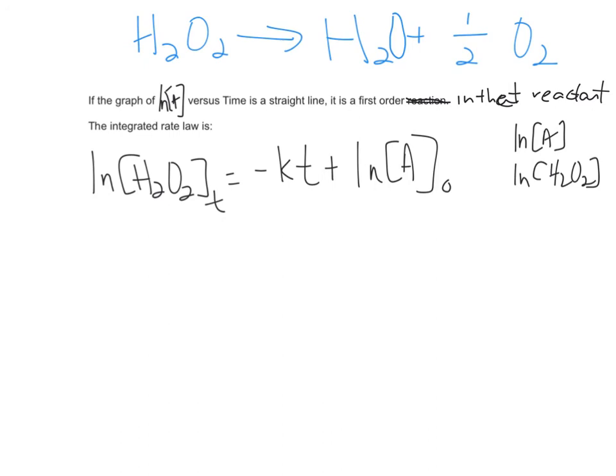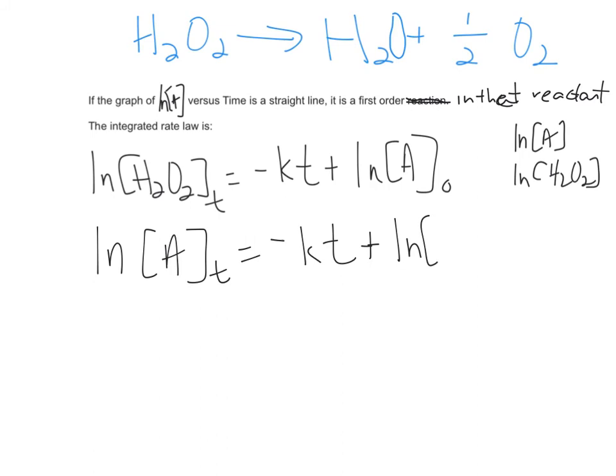Write this down. The integrated rate law is the natural log of, in this case, the reactant. This could also be the natural log of A, whatever your thing is, equals minus k times t plus the natural log of A0. Write this down.